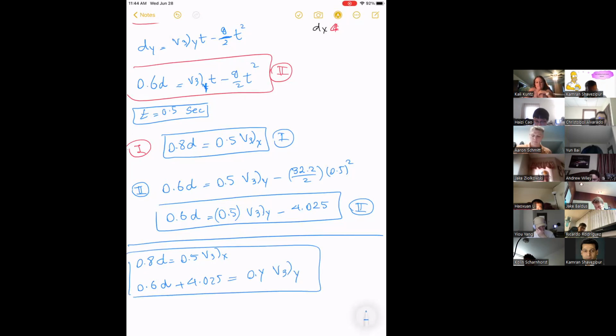Okay. I have two equations. How many unknowns do I have here? I have three unknowns. One is d, one is vx, one is vy. Right?